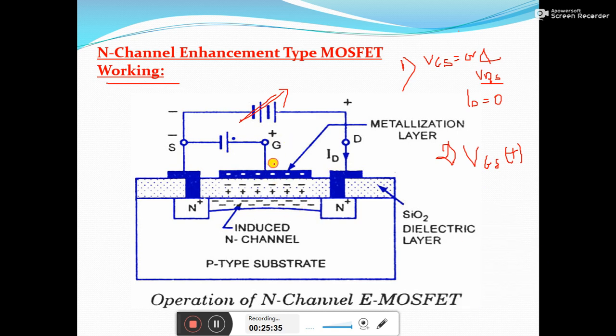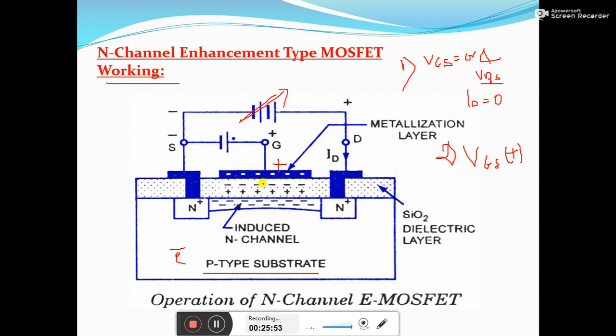Since the gate is positive, and we have a p type substrate here, no doubt the holes are majority in number, but there will still be some electrons also. These electrons get an attraction force from the gate.